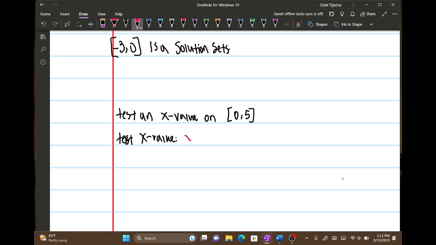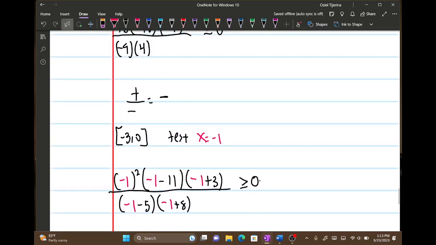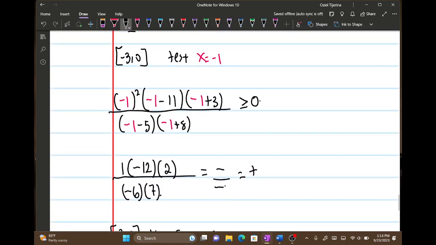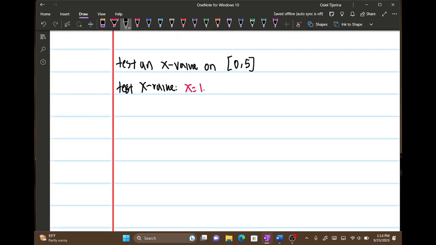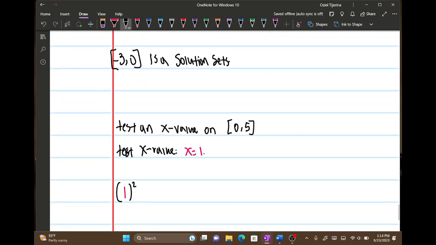And again, what I've been doing so far in this video, I've always been following the pattern here. We're just plugging in 1 now for this. And again, it's the same formula that we have for our inequality. So the quantity 1 squared, and then times 1 minus 11.